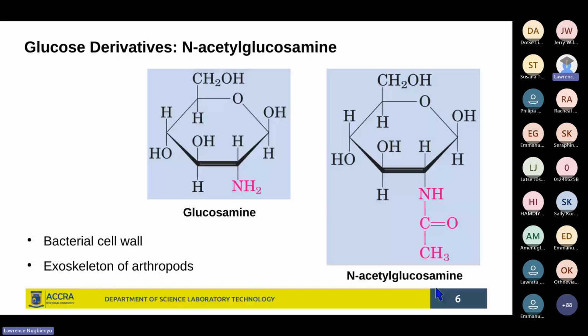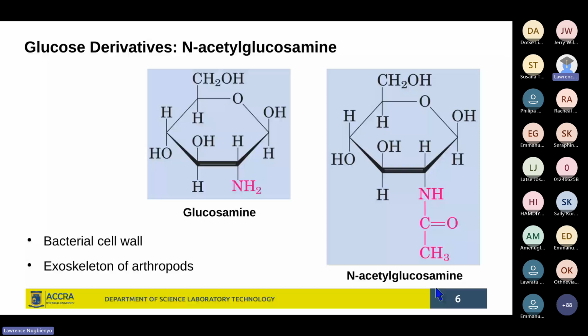So you will see the second derivative that will form the compound which is the main component of the cell walls of bacteria.